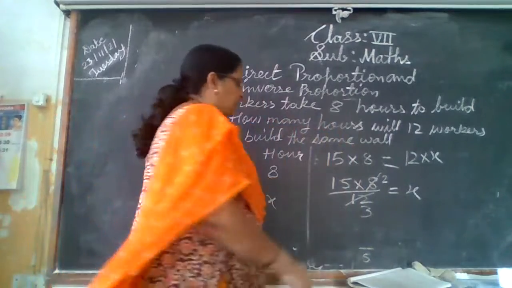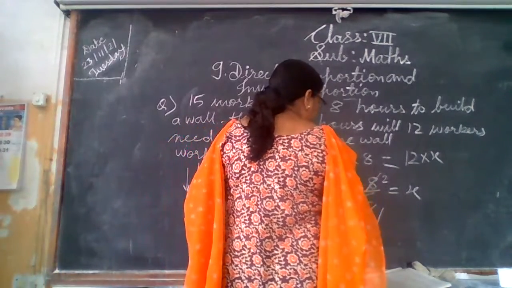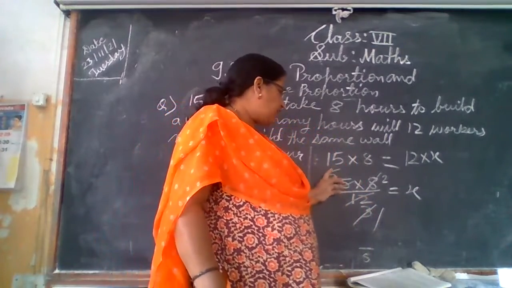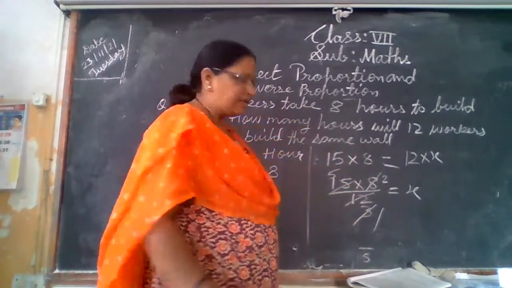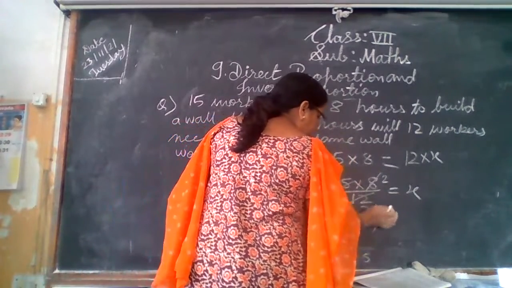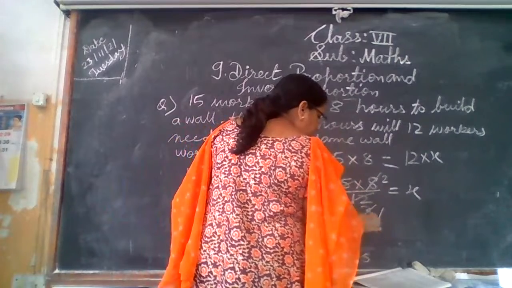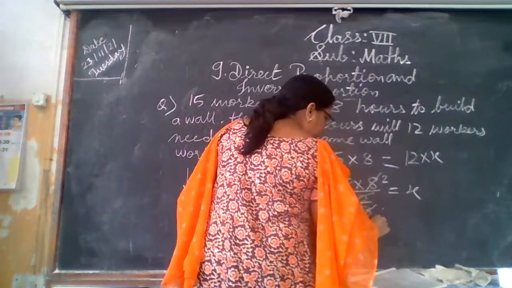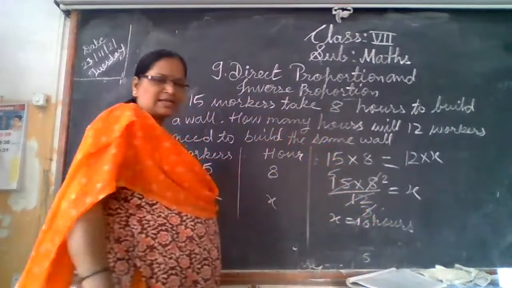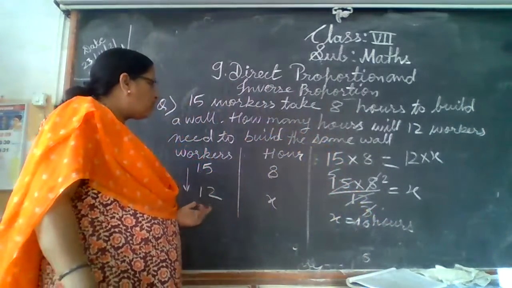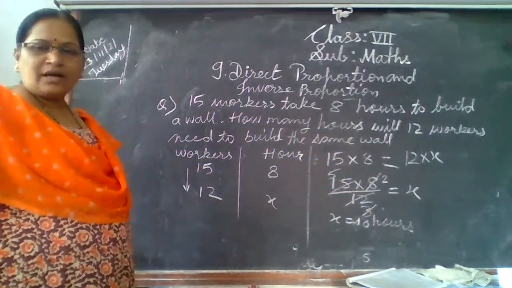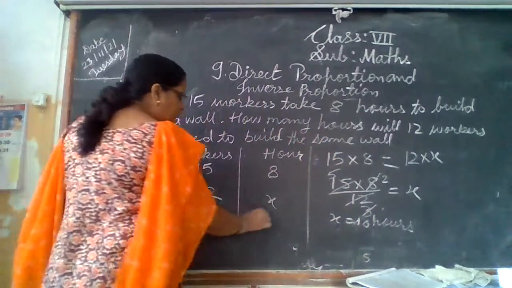Now 15 and 3: 3 fives are 15. So the denominator has only 1, the numerator has 5 multiplied by 2. 5 twos are 10. So how many hours are required to build the same wall with 12 workers? They need 10 hours.